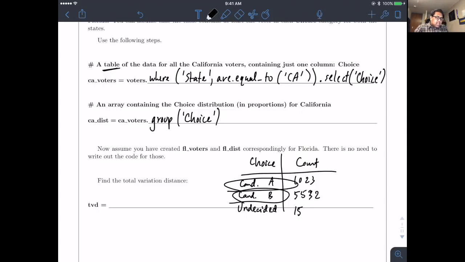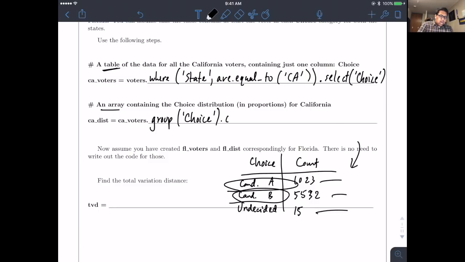And here they say that they want an array, right? So this line on its own will give us this array, this table, right? We want an array. So we don't really want the names candidate A, candidate B, and undecided, because we know the array is only going to be of length 3, and that the 0th element will refer to candidate A, the first element will refer to candidate B, and the second element will refer to undecided, right?